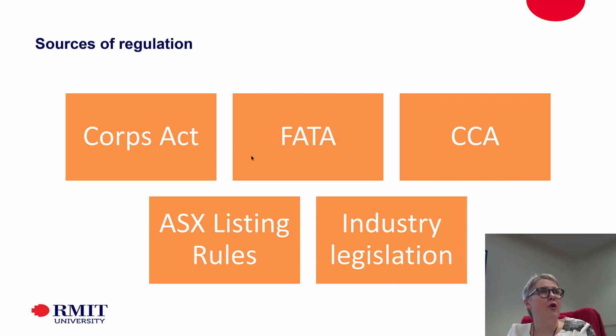And companies that are on the official list, or shares in companies that are on the official list, can be traded on the platform. And in order to become a member of the official list, you enter into a contract with the ASX and you agree to comply with a number of things, including the listing rules.